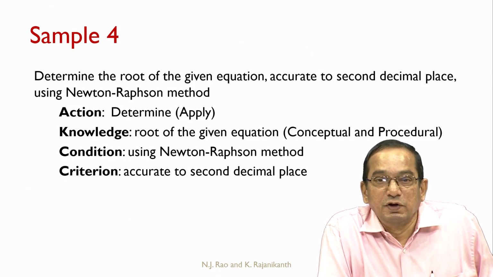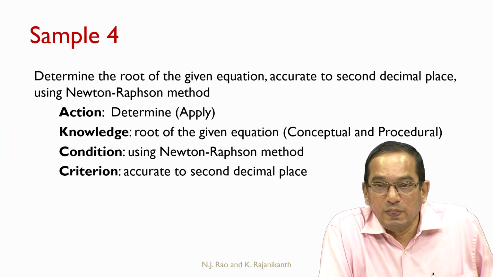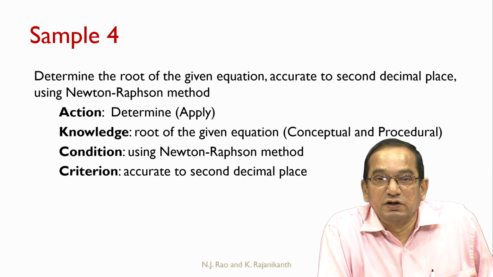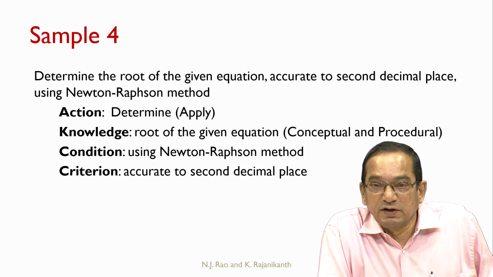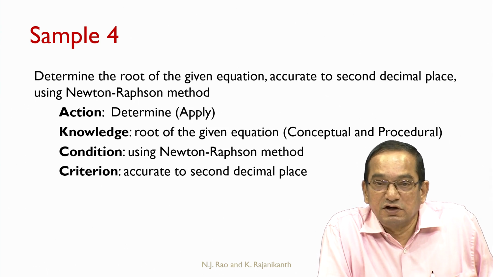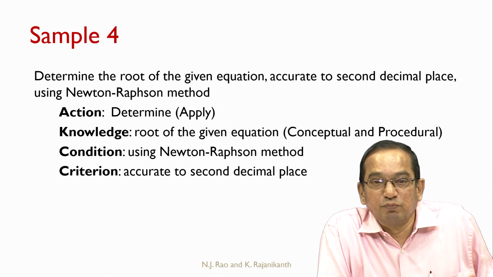Another sample: determine the root of the given equation accurate to second decimal place using Newton-Raphson method. So, here the action is determine, which is at the cognitive level of apply. The knowledge is the root of the given equation, conceptual and procedural.